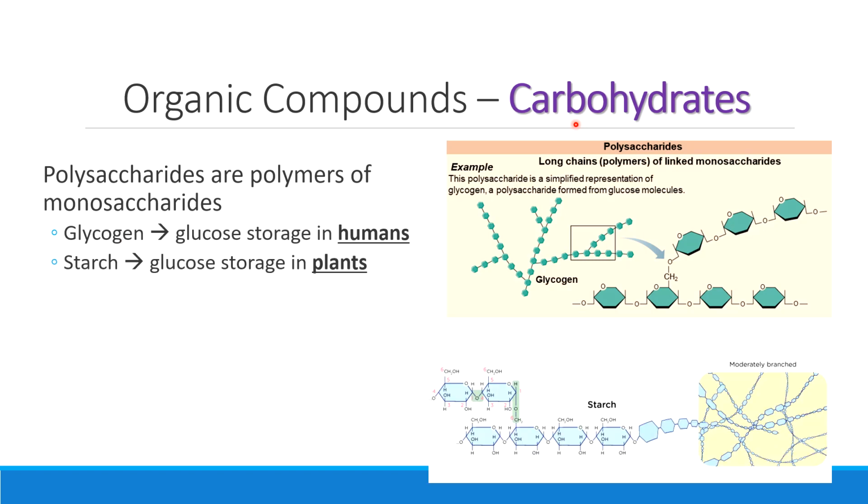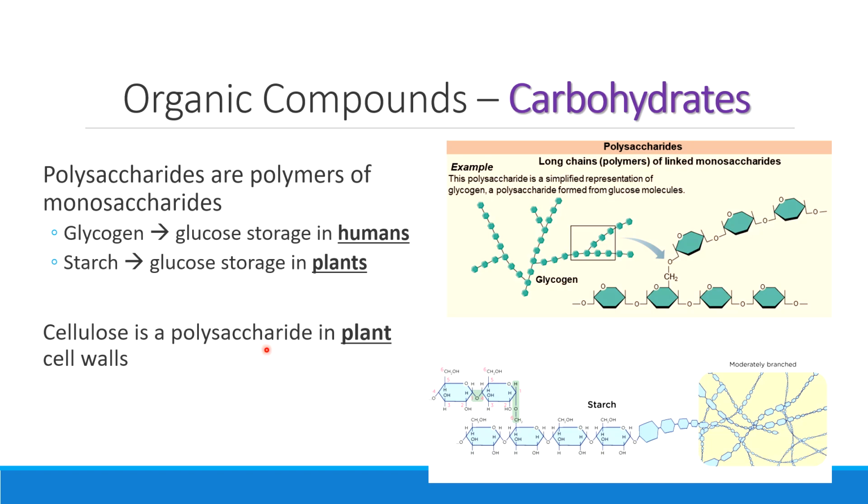In plants, we don't see the molecule glycogen, we see the molecule starch. So starch is the way that plants will hook together all of their glucose molecules. Notice that we see a branching pattern in glycogen, whereas in starch, it's lots of long straight lines. So because of this, we access that energy a little bit differently.